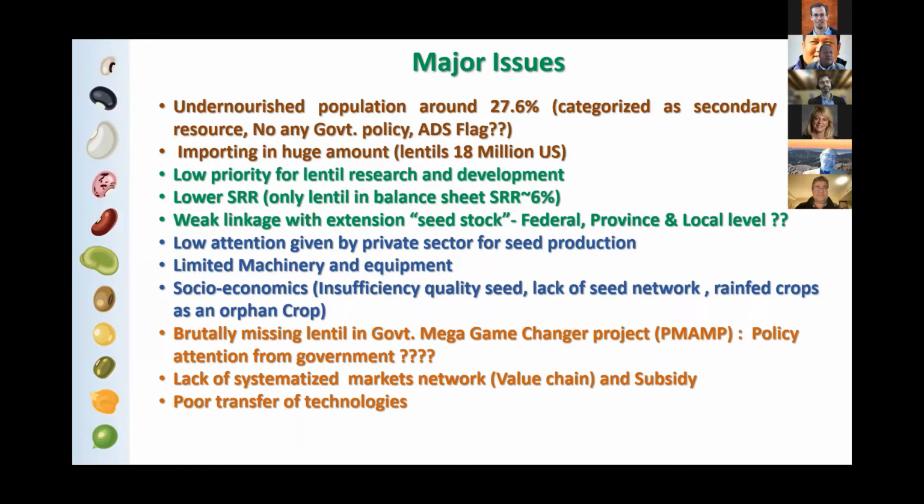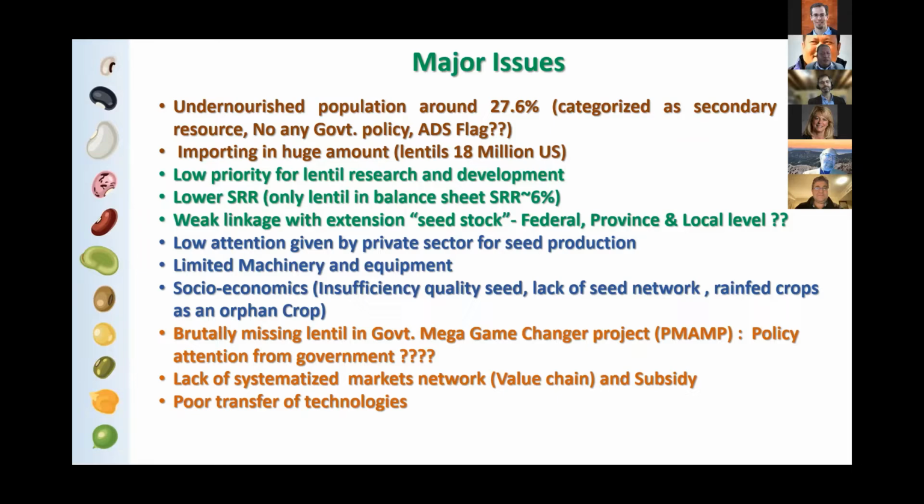This is another issue. There is low priority for lentil research and development, a lower seed replacement rate, weak linkage between extension and federal and local levels, low attention from the private sector for seed production, and limited use of machinery and equipment.